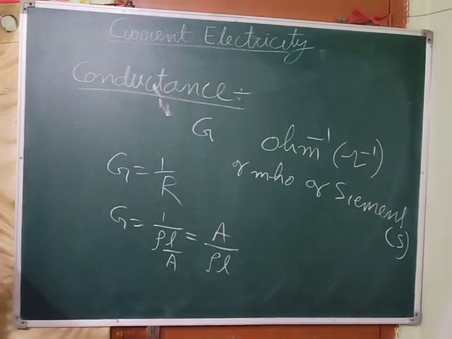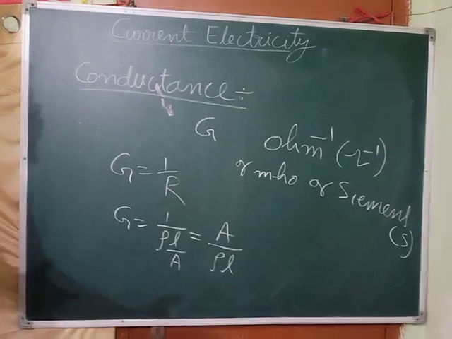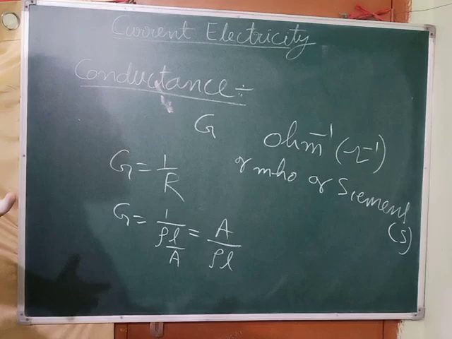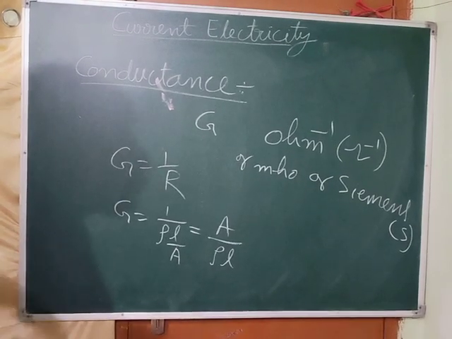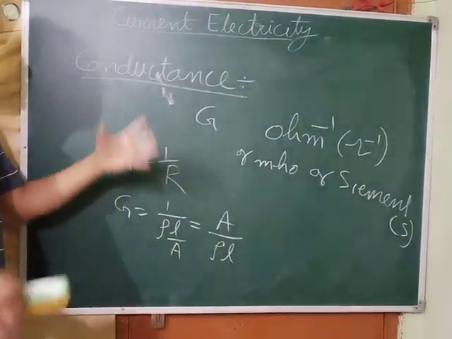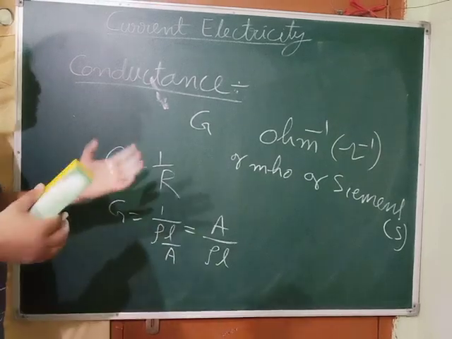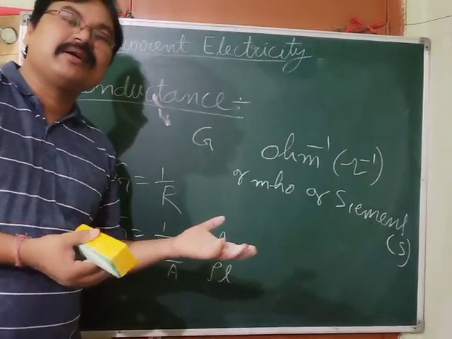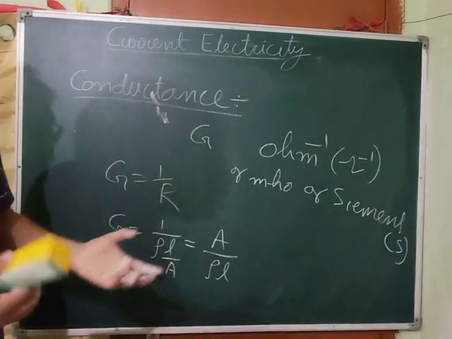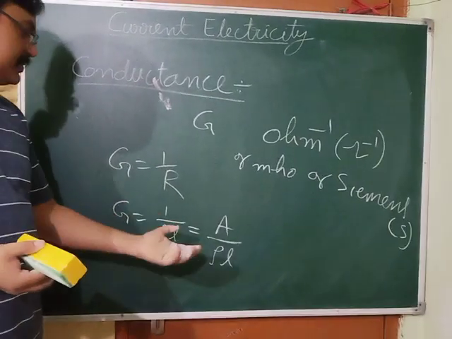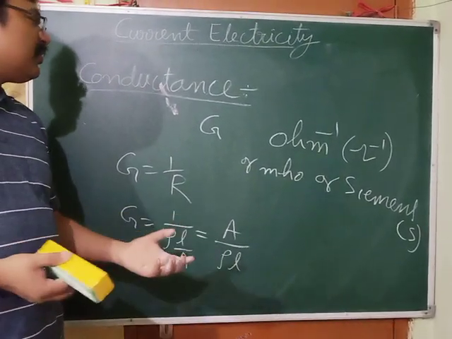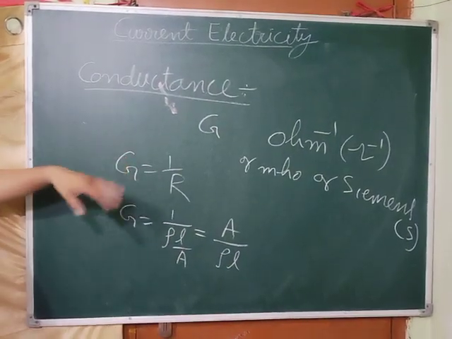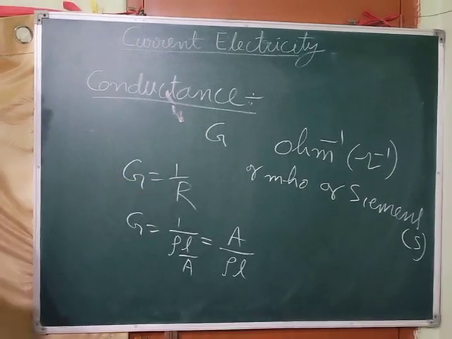Conductance is the property, or we can say the degree of ease, with which the current is flowing through a conductor. If it is flowing very easily, then its conductance is very high. If less current is able to flow through the conductor, it's not flowing easily, there are more obstacles due to resistance, then obviously its conductance is less. So it is the opposite of resistance, you can see.